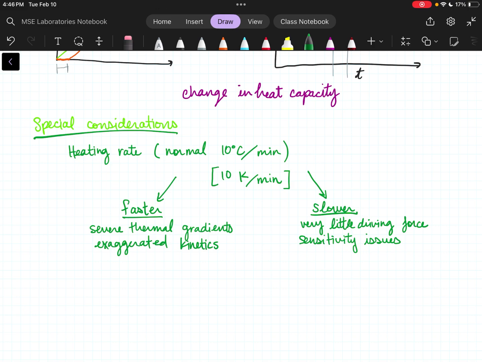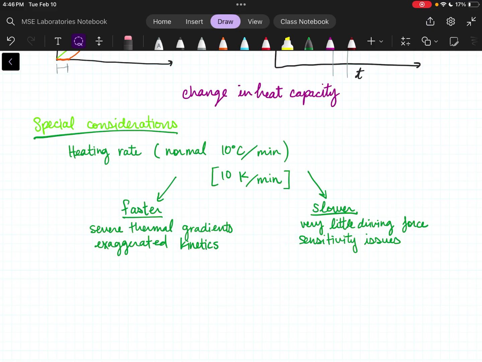There are some reasons we'd want to go faster, some reasons we maybe want to go slower. These are the cons of each one, and the reason why 10 degrees per minute has been chosen as our middle ground. It tends to be fast enough to give us enough driving force.